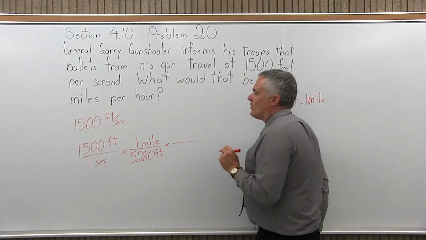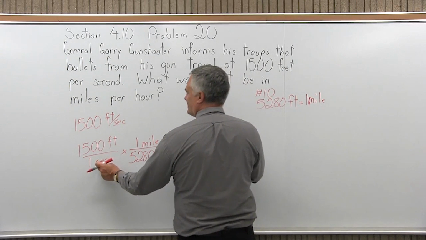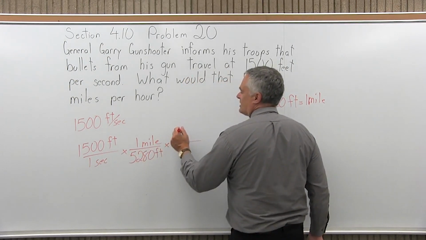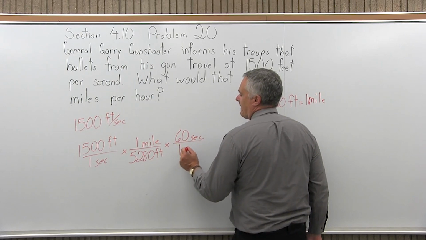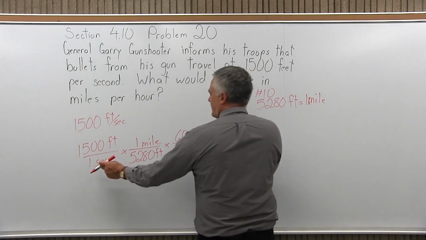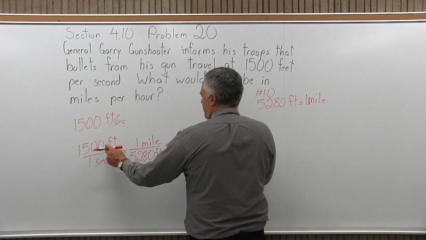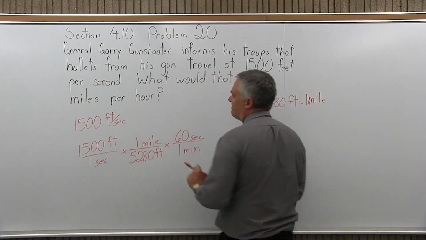So now, what goes in the numerator, what goes in the denominator? Well, I want the seconds to cancel, and it's already in the denominator. So I'll put 60 seconds, 1 minute. And again, I abbreviate a little bit. So now, seconds will cancel. I'll be in miles per minute, after I cancel the feet.